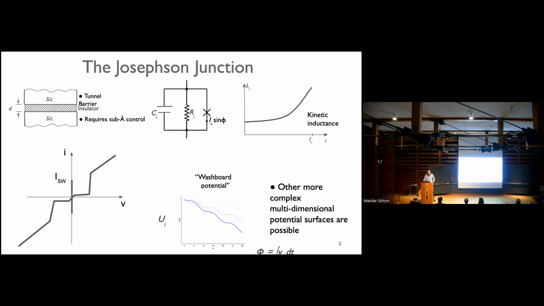It can be modeled to make electrical engineers happy as a capacitor, a resistor, and this device, which is essentially a programmable inductor. It's an inductor whose inductance varies with the bias current. You can call that an ideal Josephson junction, maybe, but really this whole thing is the Josephson junction.